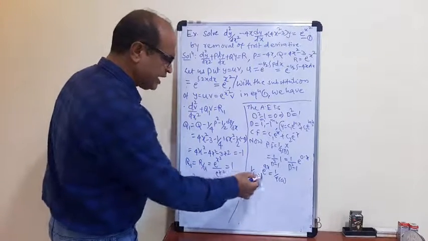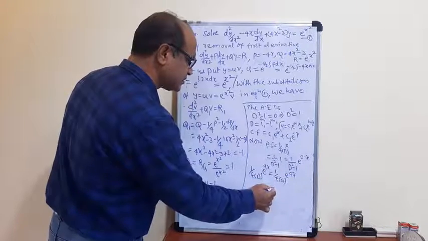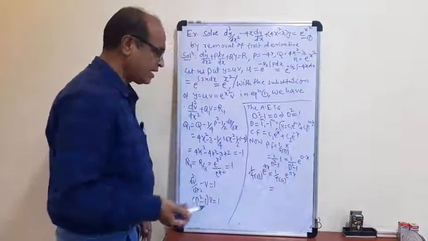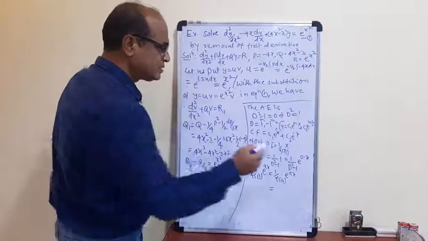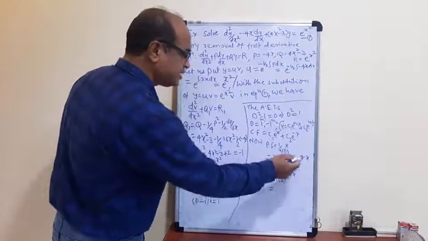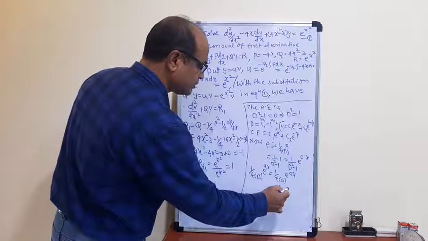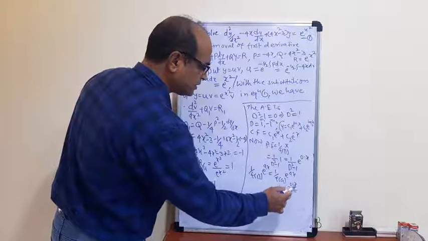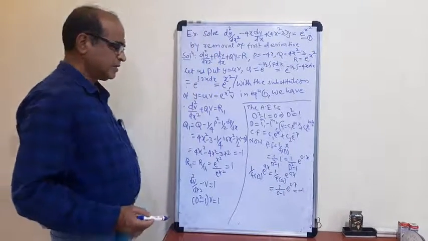Put D equal to a, where a is the coefficient of x. The coefficient of x is 0, so D is equal to 0. So this is 1 upon 0 minus 1 into e raised to 0 into x, which is 1. So 1 upon minus 1 is minus 1.